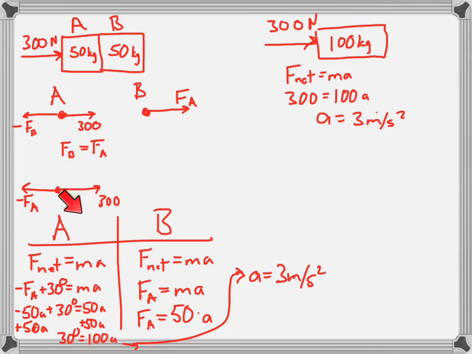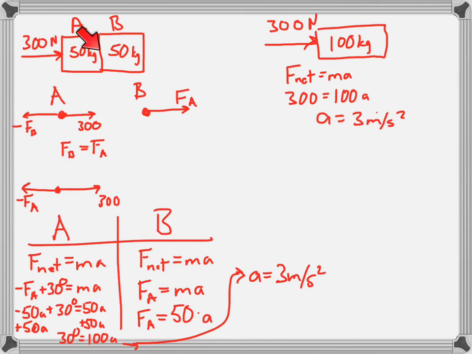Now wait a minute. Haven't you ever pushed a couple of boxes across a table before? I mean, maybe not 50 kilograms apiece, but you've pushed boxes across tables. And it's certainly not true that if you start pushing on this box, they experience no acceleration, right?